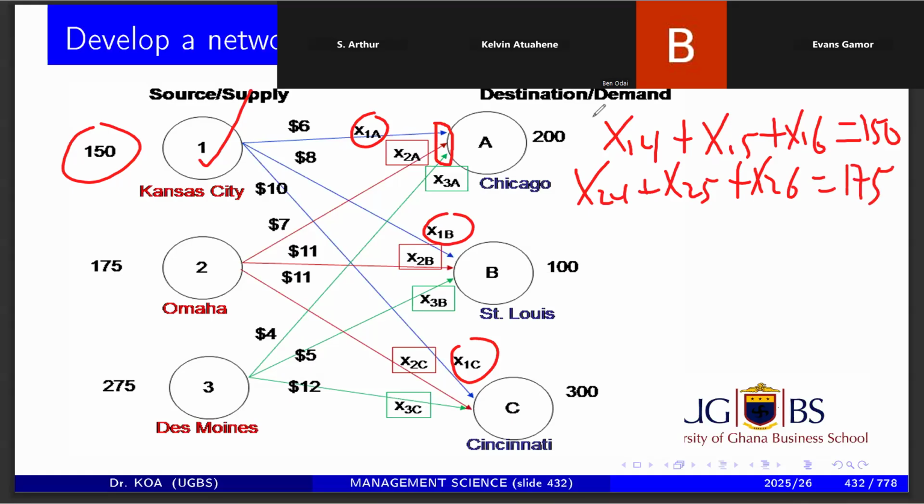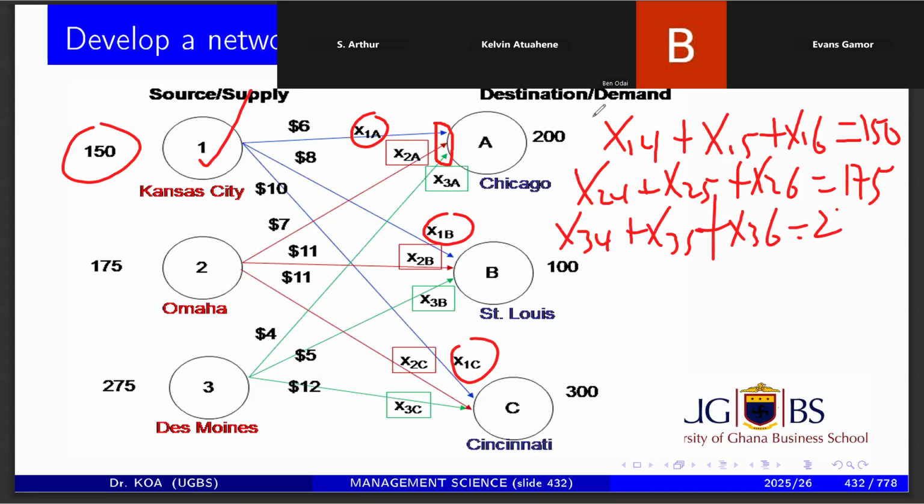Good. Who can do the third one for us? Don't be cheating. Just do the right thing. Kelvin. Okay, the third one is x34 plus x35 plus x36 equals 275.